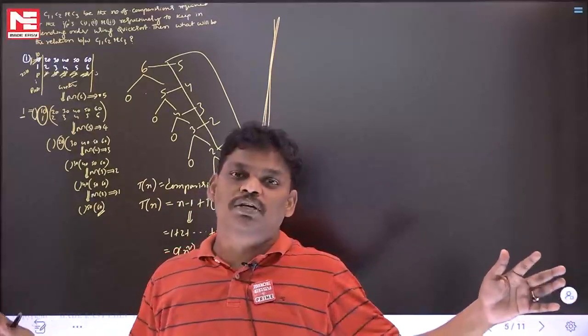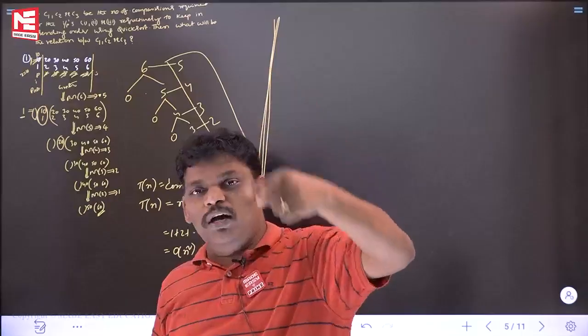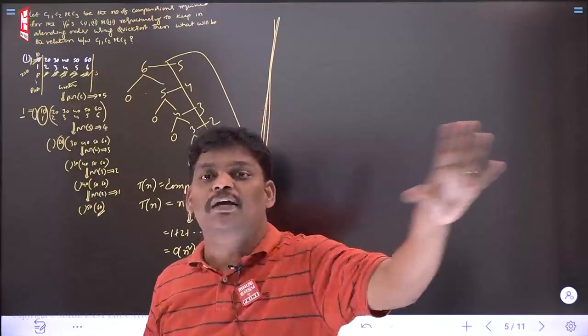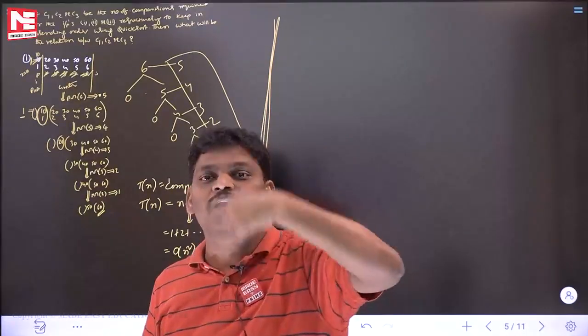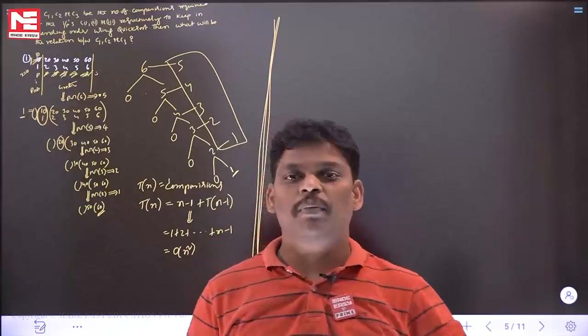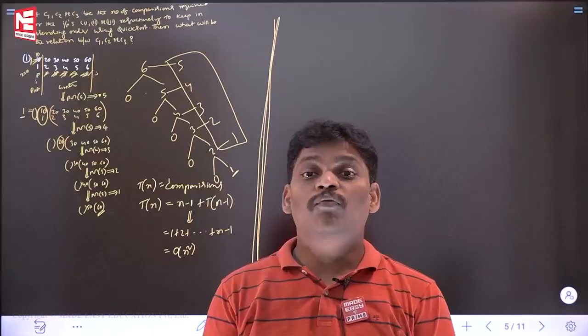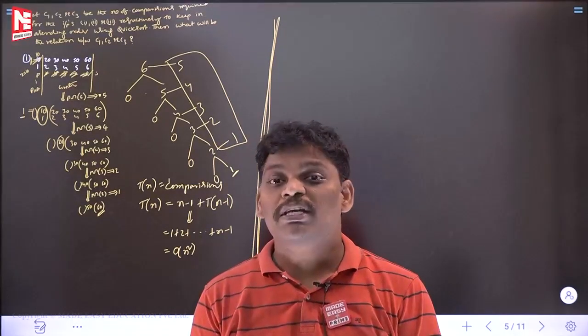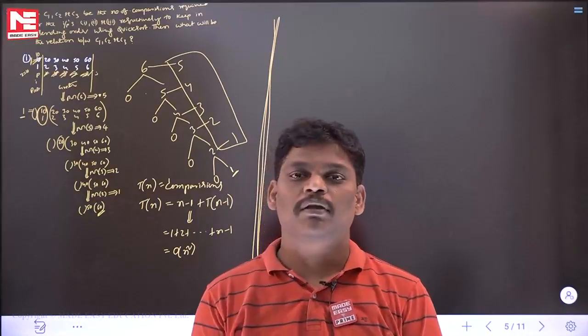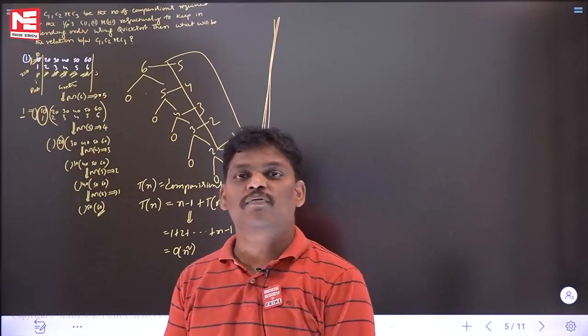Every time the worst happens, then worst case. Suppose half the time best happened and half the time worst happened, then average case. That is the meaning of average case.